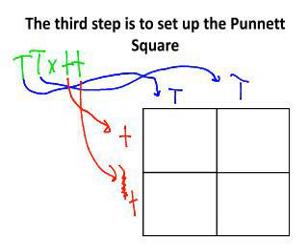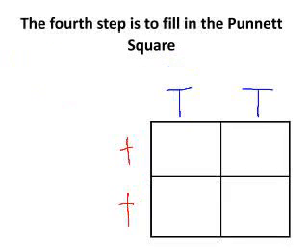Okay, now that we have our Punnett square set up, let's move on to the fourth step. The fourth step is to fill in the Punnett square. You do this by copying the father's alleles straight down the column.